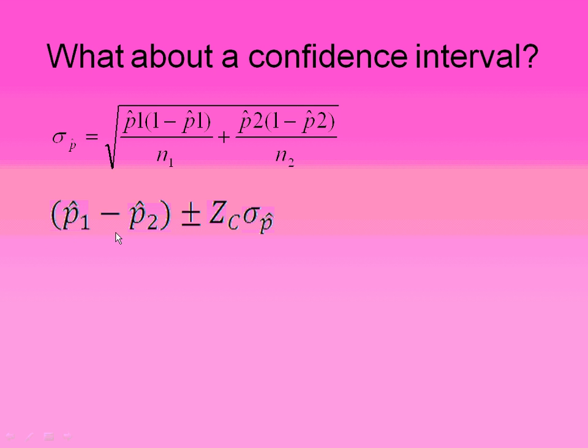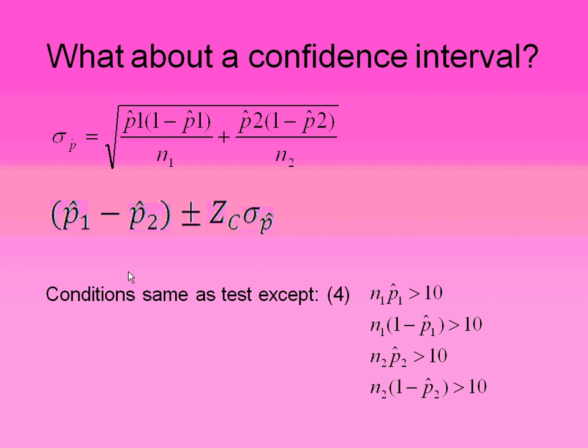When we're calculating the interval, we would find the difference between males and females. Our margin of error uses z of c, which works the same. If your confidence is 95%, your z-score is 1.96. Conditions are the same, except for number 4, we're going to use p hat 1 and p hat 2 when we multiply and make sure they're all above 10.